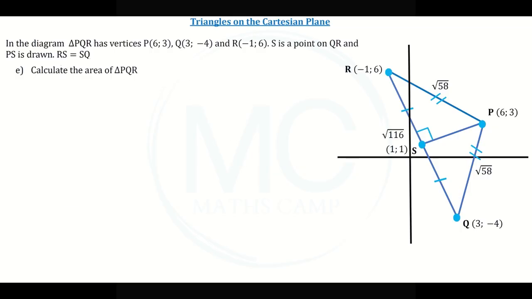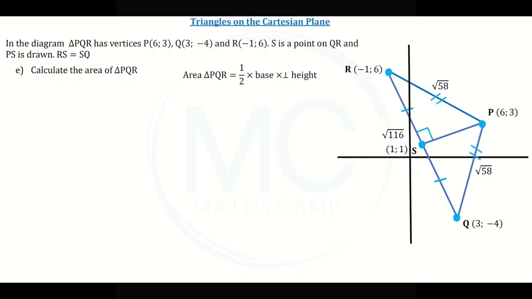Calculate the area of triangle PQR. To find the area of a triangle, we use the formula: the area of the triangle is equal to 1 over 2 multiplied by the base multiplied by the perpendicular height. From our diagram and the questions we've already worked through, we know that QR is perpendicular to PS.